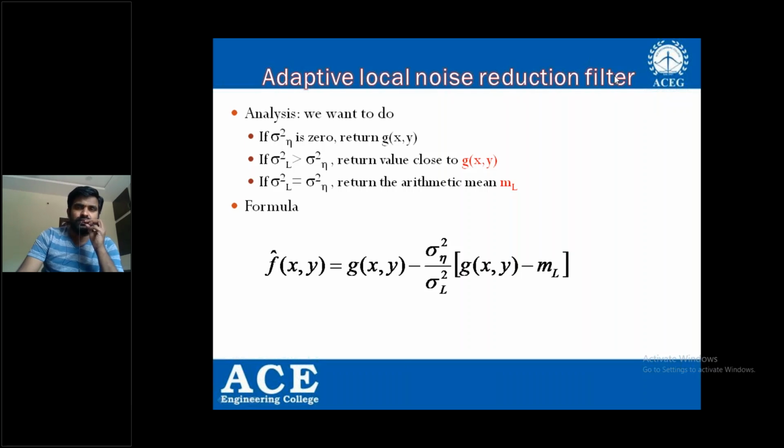As we have discussed, in mean filters you find the average or mean value for the estimation.